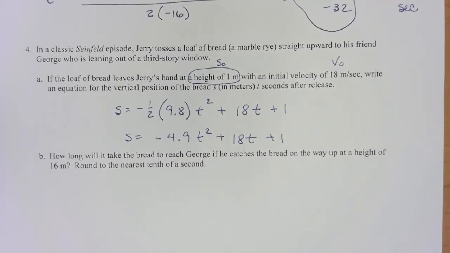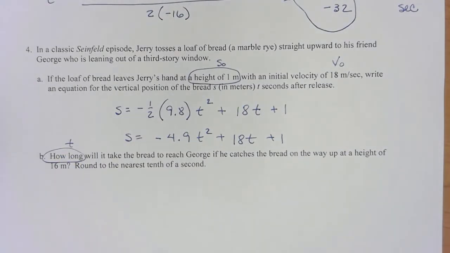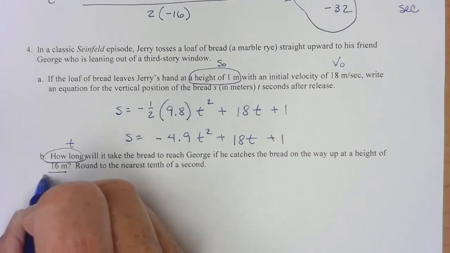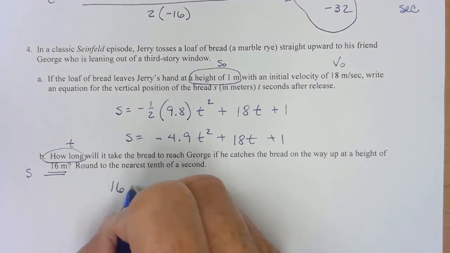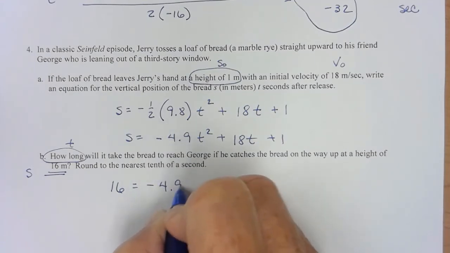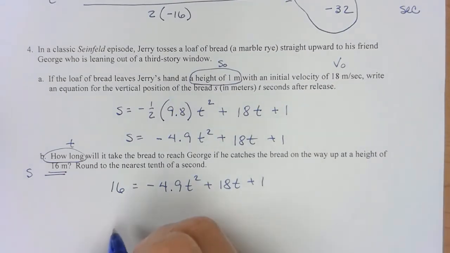Then, how long will it take the bread to reach George if he catches the bread on the way up at a height of 16 meters? So this is my s, round to the nearest tenth of a second. So I've got 16 is equal to negative 4.9 t squared plus 18t plus 1. And this is just the fourth time that we've had to do this type of problem.